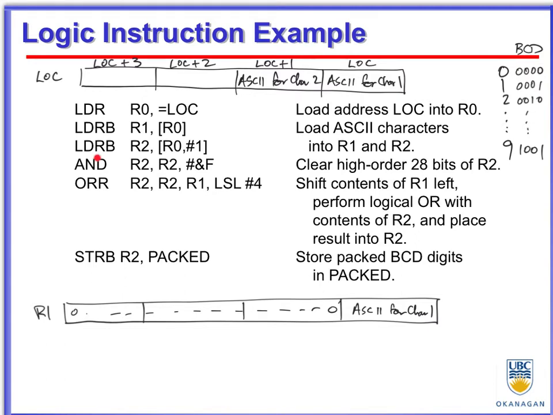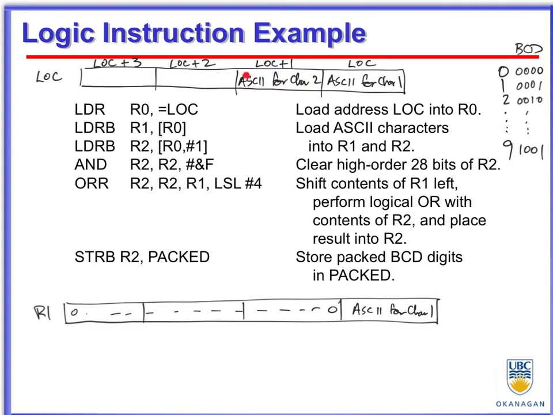The third instruction is similar. It's again load a register, this time load register R2 with a byte, and the effective address of that byte is the contents of R0, which is still LOC, plus this offset of 1. Okay, so the effective address now for this instruction is LOC plus 1, which is the address of this byte, which holds the ASCII code for character 2.